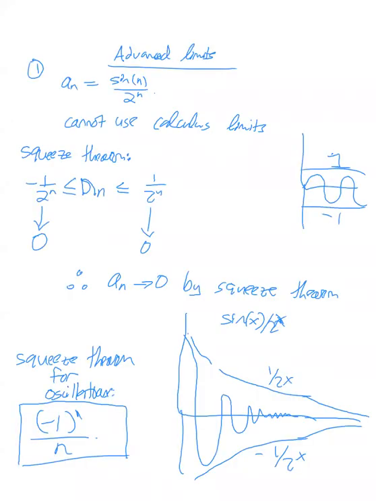The reason you can't use calculus limits for this one is because the limit of sine of n as n goes to infinity shouldn't exist, really. So you can't just directly evaluate the limit. So that's why you need squeeze there. Okay, let me move on.